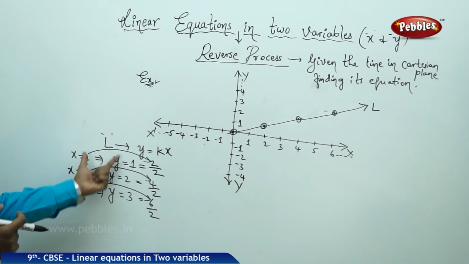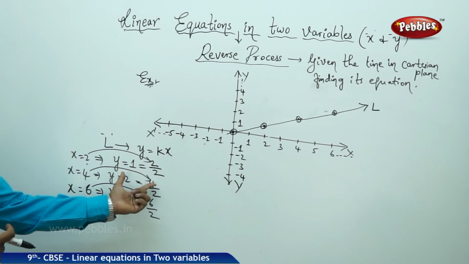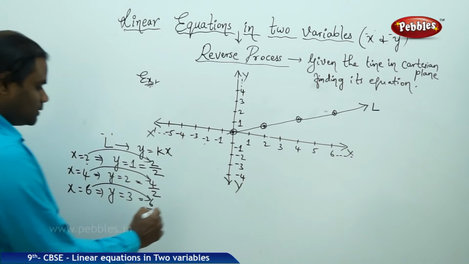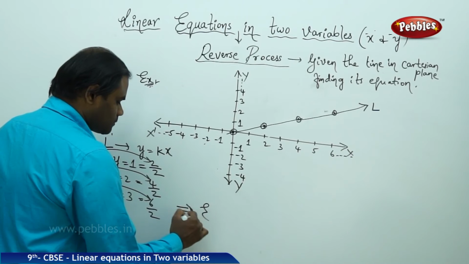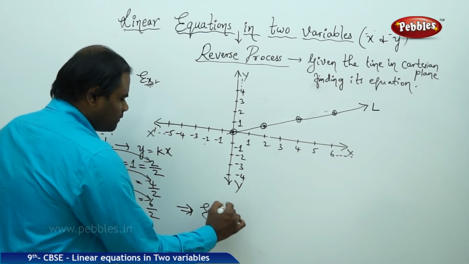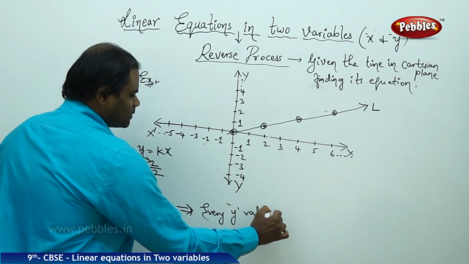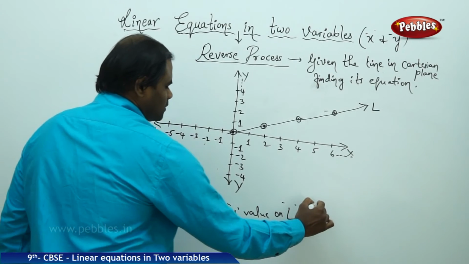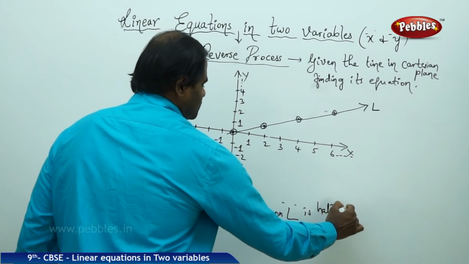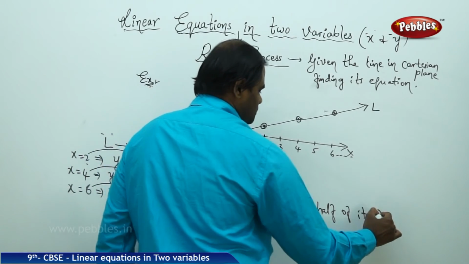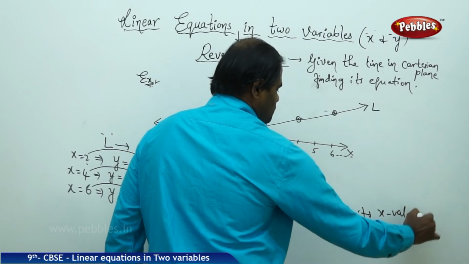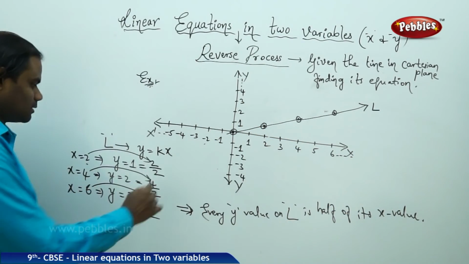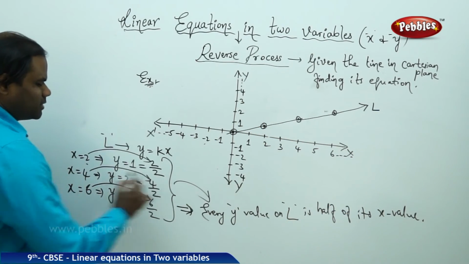Clearly we see that every y value is half of the x value. That implies every y value on L is half of its x value, as clearly seen in this investigation.